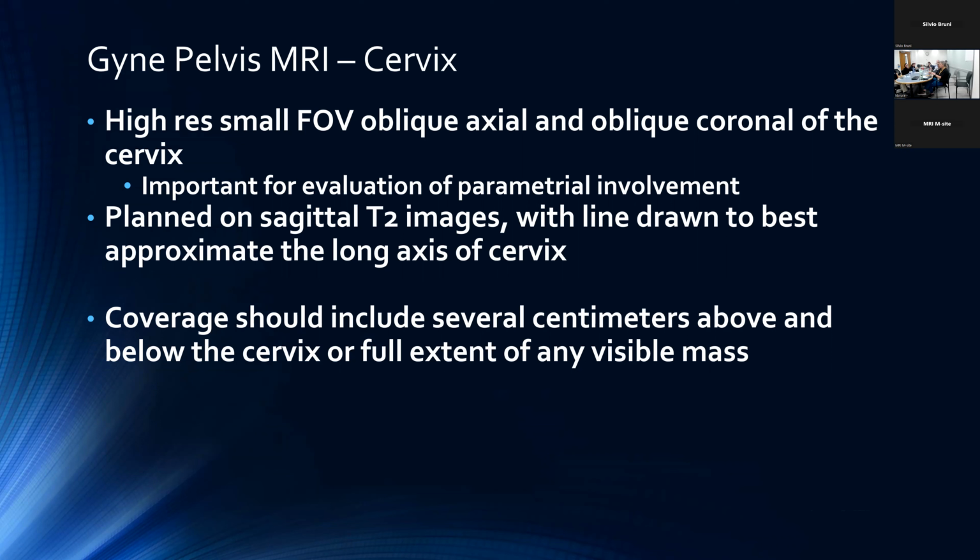As with the endometrial cases, the primary purpose is to minimize volume averaging in order to best assess the extent of stromal and, more importantly, parametrial involvement from any cervical mass lesion. In terms of coverage, it should include at minimum the entire cervix or the full extent of any visible mass within the cervix. But generally, the field of view is extended superiorly to include the entire uterus and inferiorly down to the lower vagina.